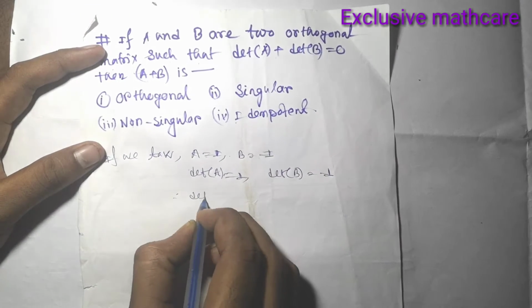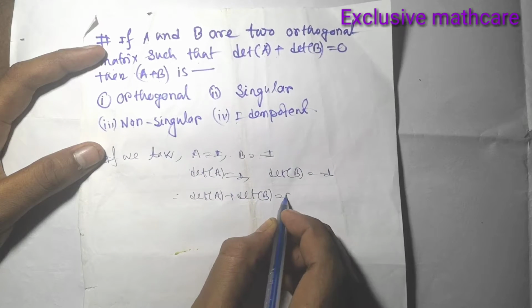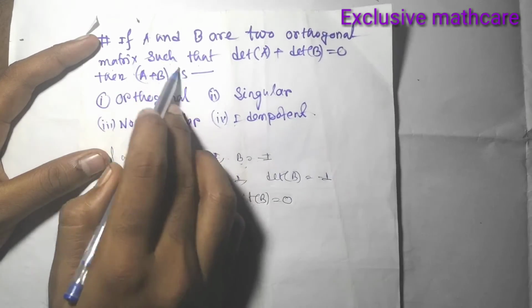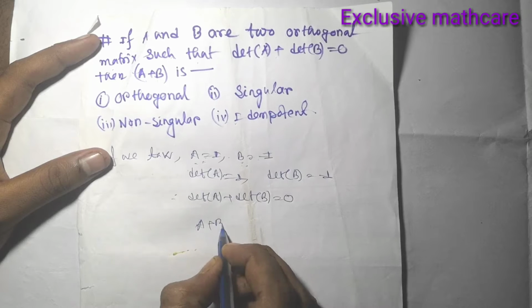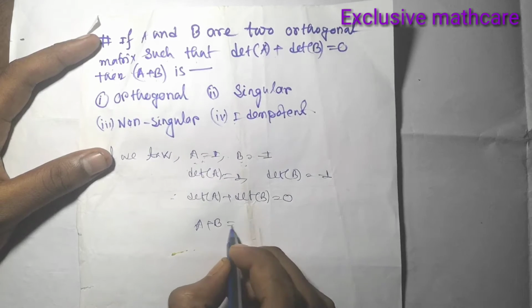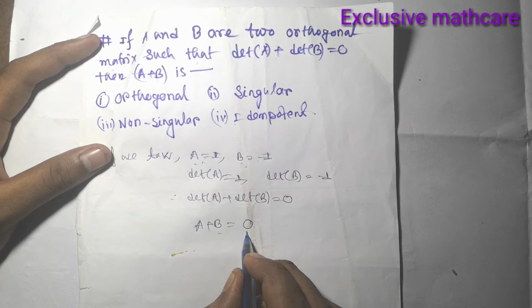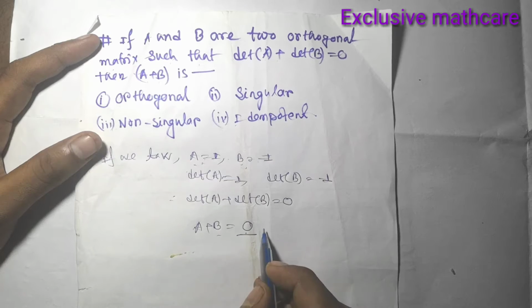So det A plus det B equals 0. So these two matrices satisfy all the given conditions. Now we see A plus B. A plus B is 0. This is the null matrix.